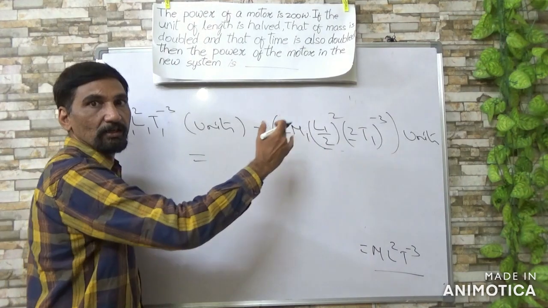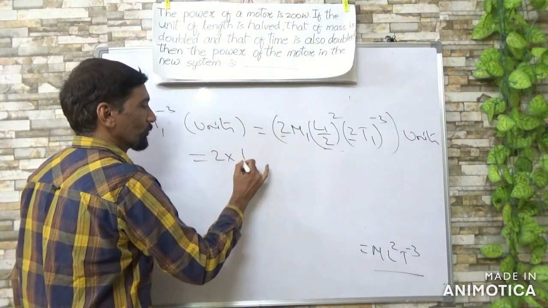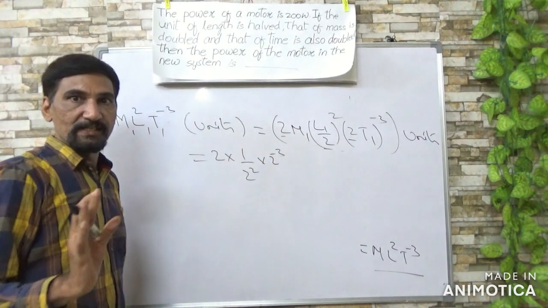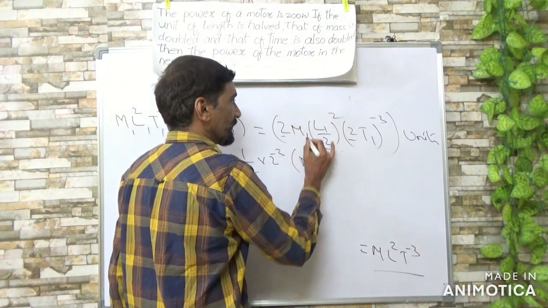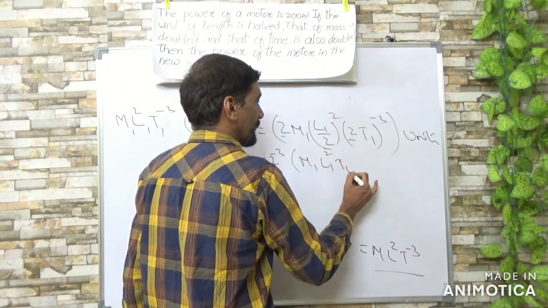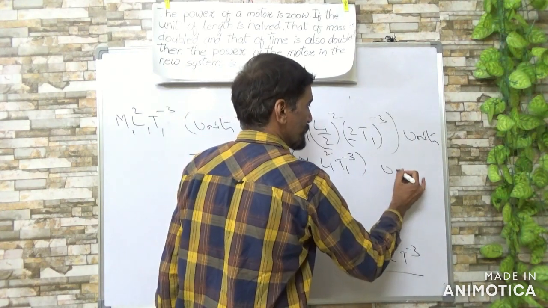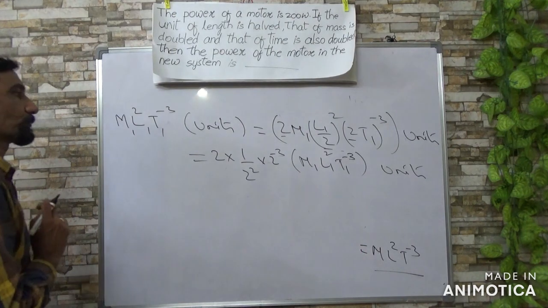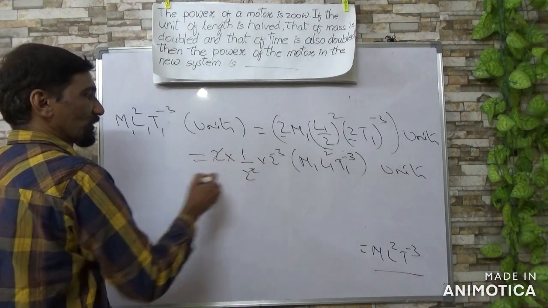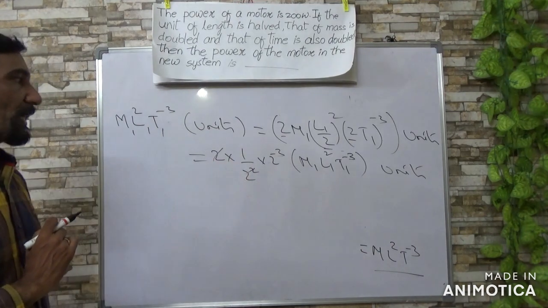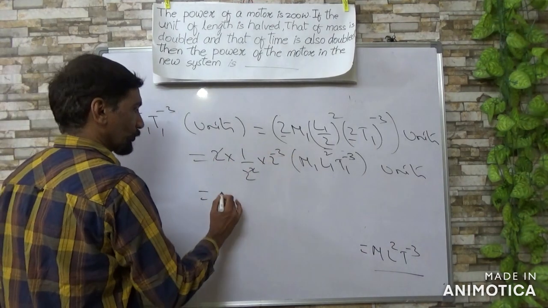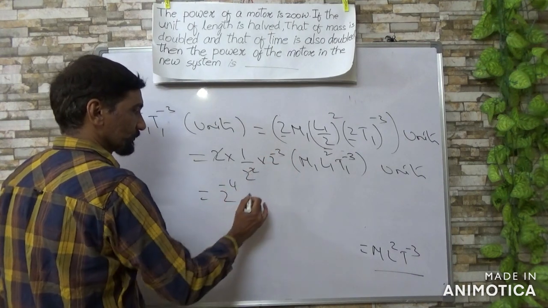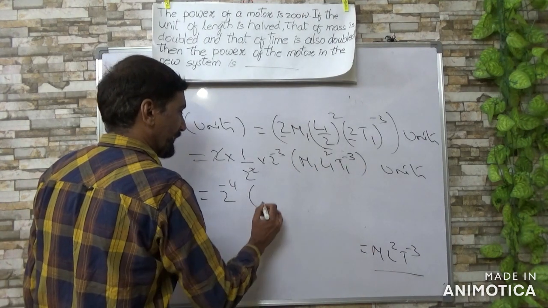First you always take the multiples: 2 into 1 by 2 square into 2 power minus 3, times the formula M1 L1 square T1 power minus 3 units. The 2s cancel, and you get 2 power minus 4 into the power unit, which you want to find.